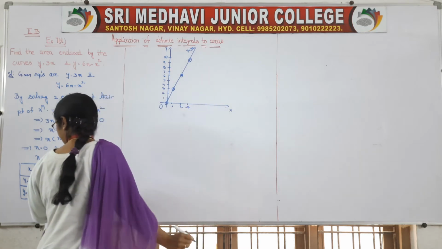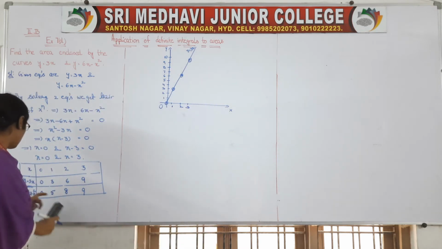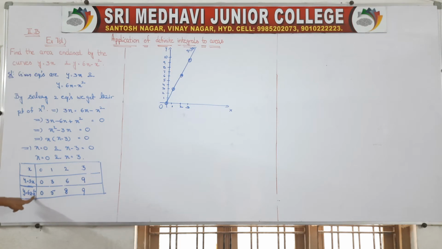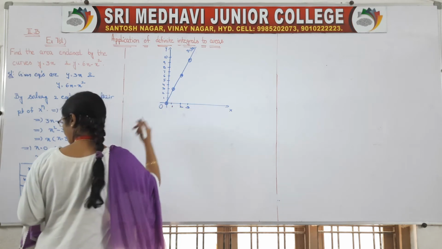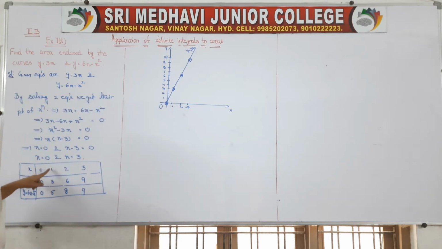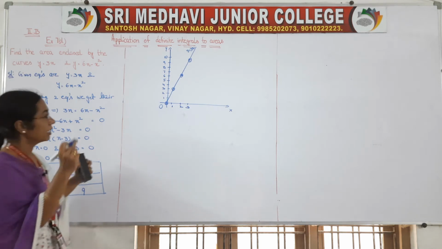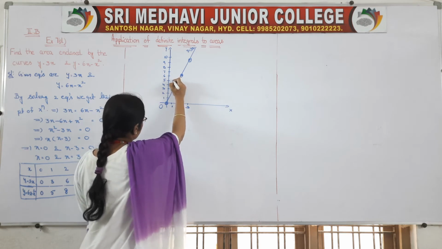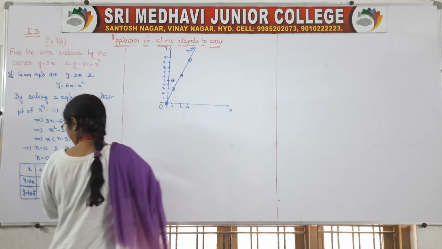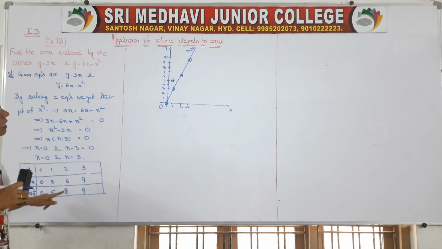Okay, so next you take your y is equal to 6x minus x square. So 0 at 0. You take this point, 0 at 0. Next 1 at 5. Next you take 2 at 8.